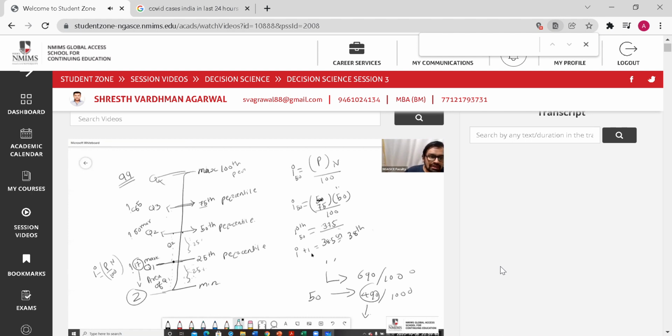So what is a median? Median is nothing but this value. The end of quartile 2 and the 50th percentile, whatever marks you observed for the person having the 50th percentile, and whatever value you can observe for the end of quartile 2, that is your median value.